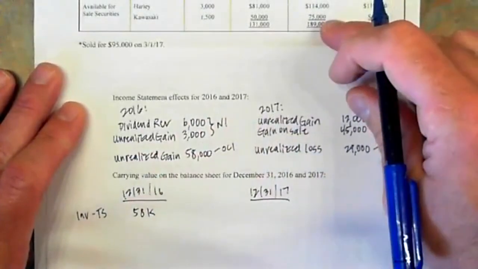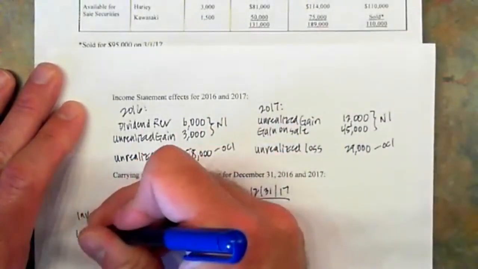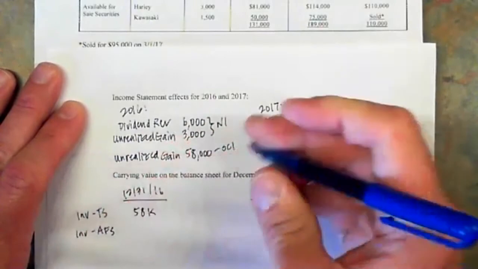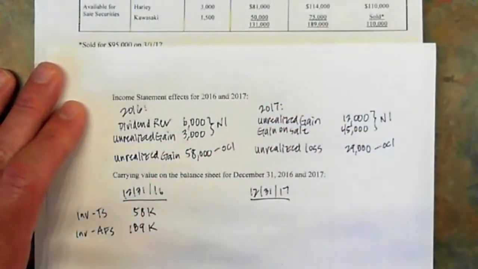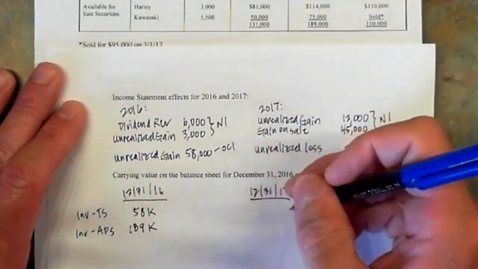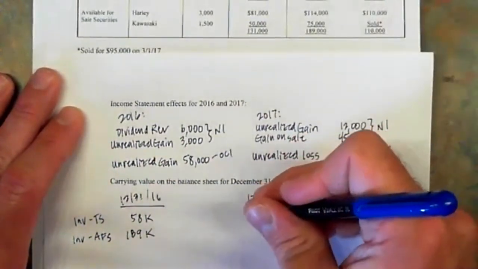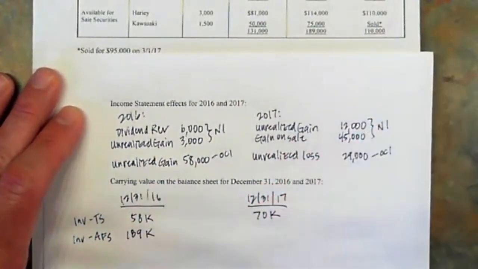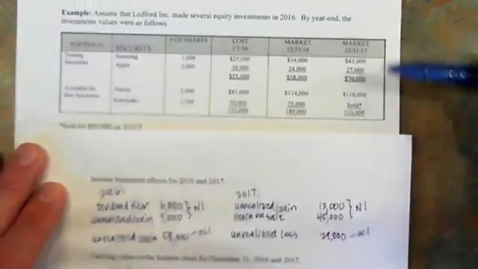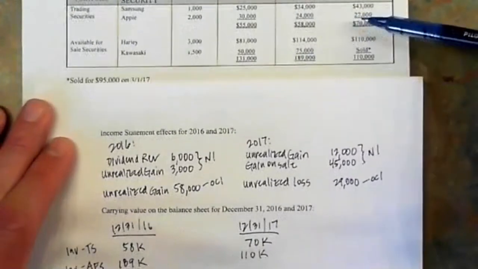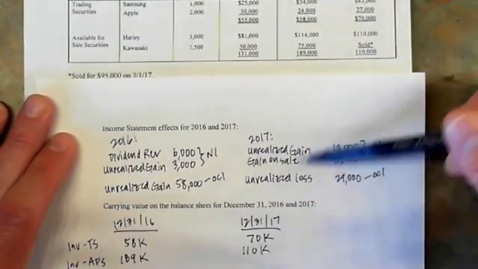We'd have available for sale account of 189,000. And we'd have an investment in TS account in the next year of 70,000 and available for sale account of 110. And all I'm doing is just taking the market values of those instruments and plucking them down.